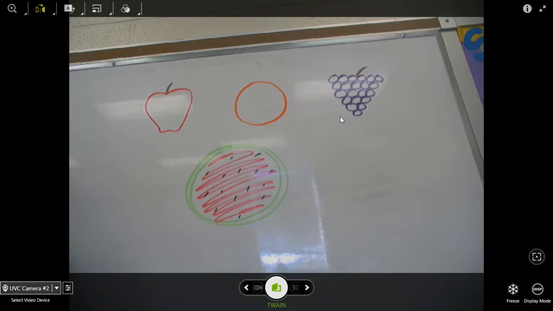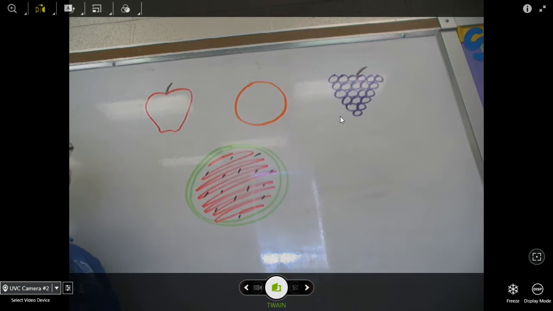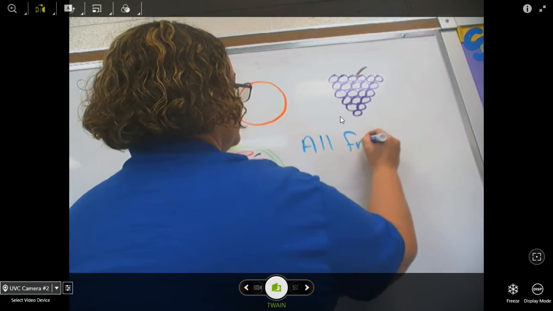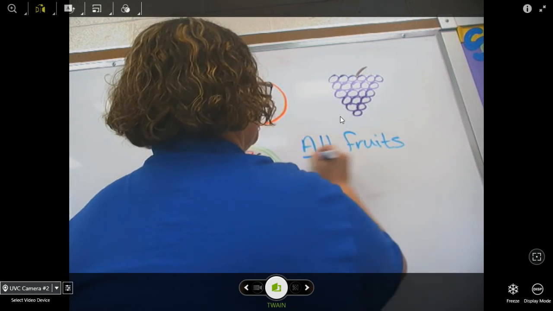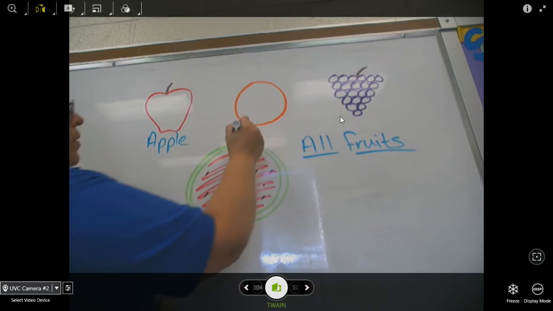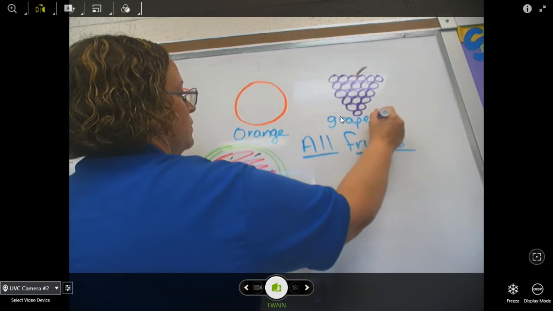All right, so what do we've got here? We've got an apple, we have an orange, we have some grapes, and we've got a watermelon. These are all fruits, right? But are they the same fruits? No. Okay, these are all fruits, so we can agree on that.